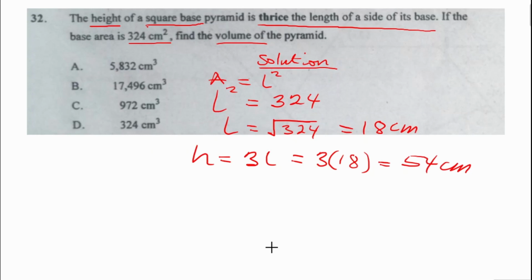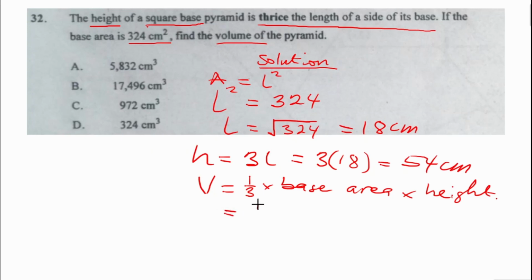And now we go ahead to solve for the volume, because that's what we're working for. The general formula for the volume of a pyramid is 1/3 times the base area times the height. So in this case, we have 1/3 times the base area, 324, times the height, which is 54.